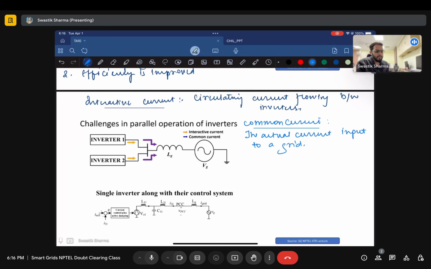And how do these flow between the inverters? They can be of the same magnitude, but out of phase to each other.